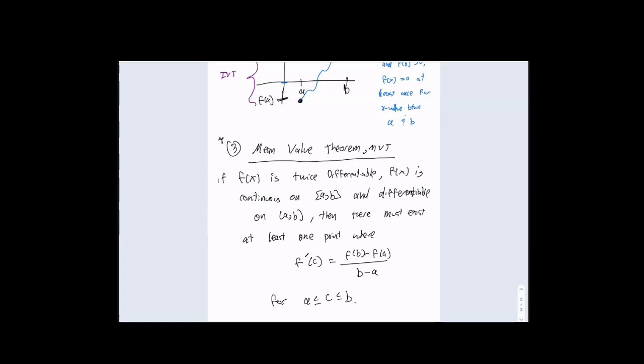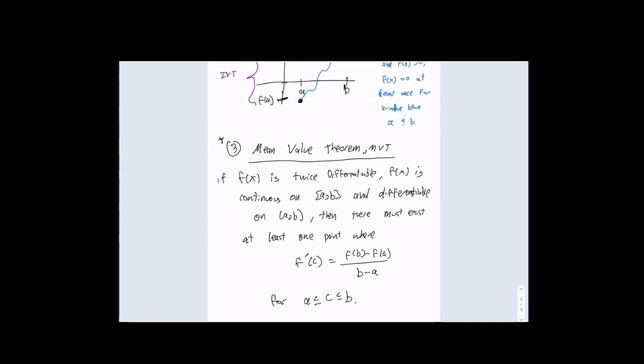IVT says that the function must take on every value between f of a and f of b at least once. For the example in the picture, 0. Now the function can equal 0 more than once, but the IVT just says that it has to happen at least one time. At minimum, one time it crosses y equals 0.